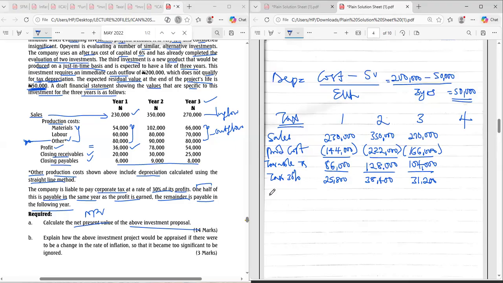But don't forget, 50% now and 50% next year. That's 1/2. What's 50% of 25,800? 12,900.